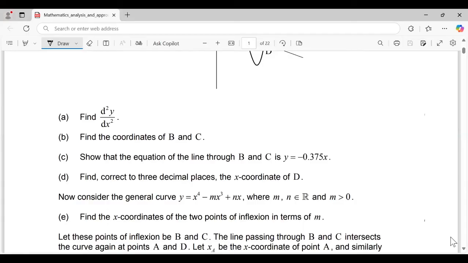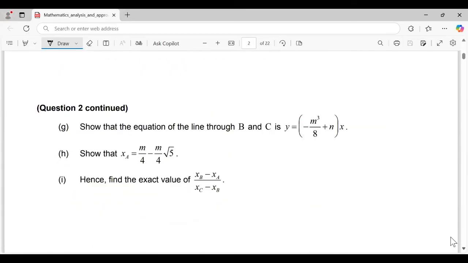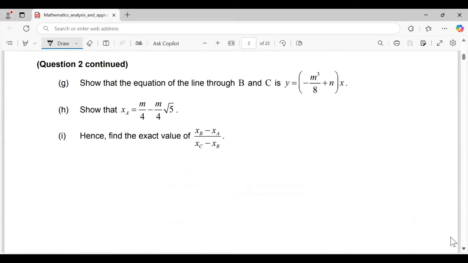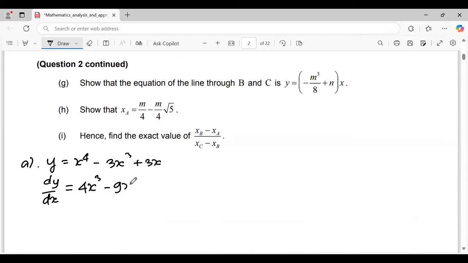Find the second derivative, right? If the function y equals x power 4 minus 3x cubed plus 3x, the first derivative is 4x cubed minus 9x squared plus 3.